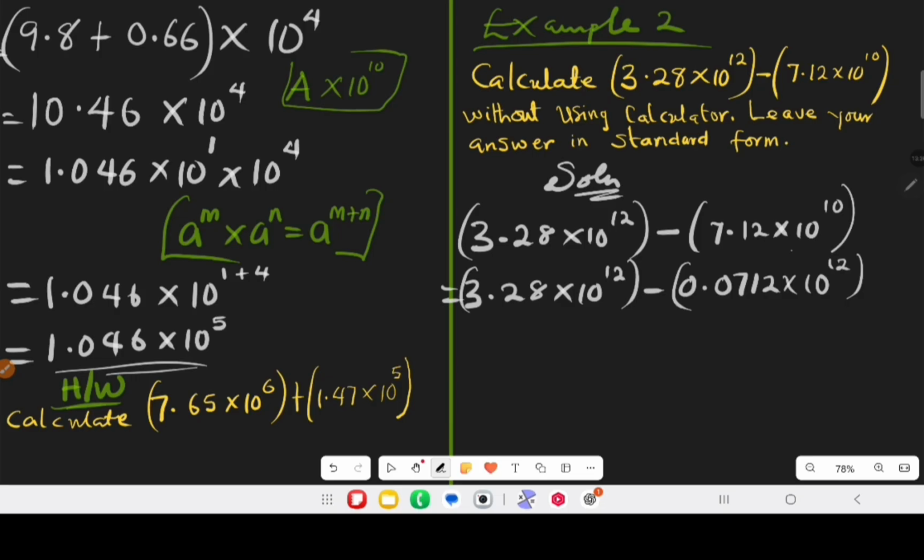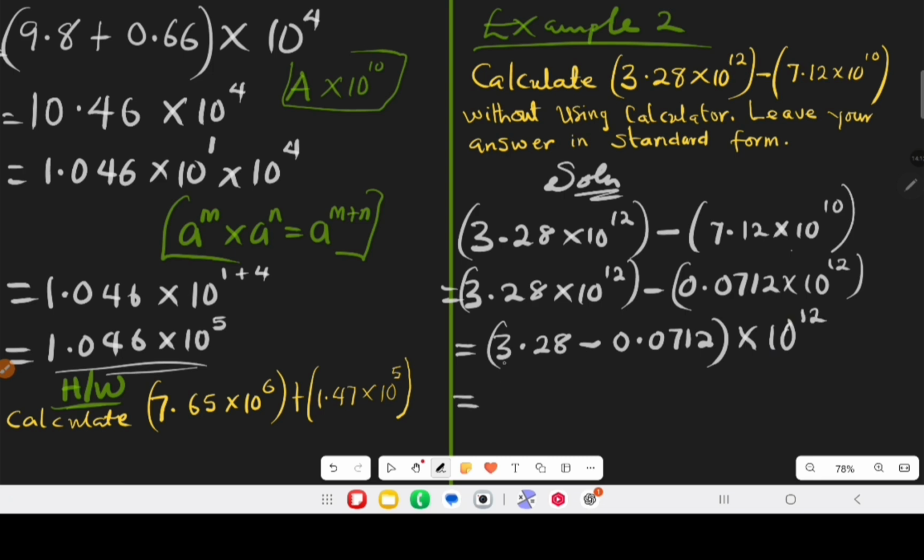Now the power and base 10 are equal. This is equal to, we pick the numbers, which is 3.28 minus 0.0712 in brackets times 10 raised to the power of 12. Since 10 raised to the power of 12 is common, we bring it out.